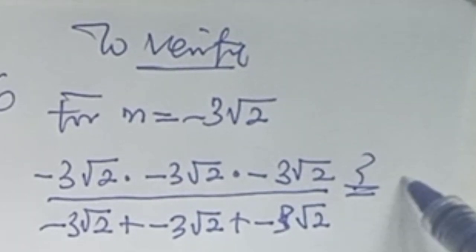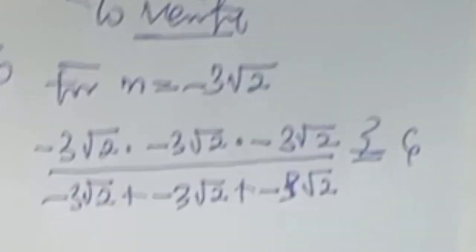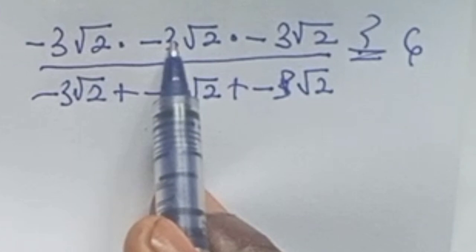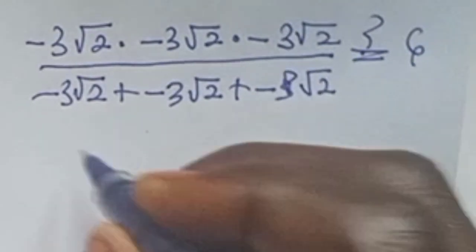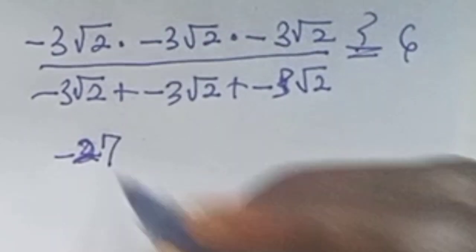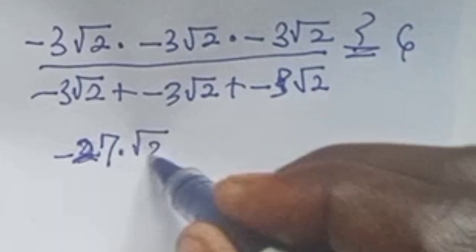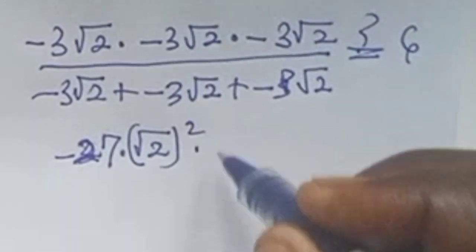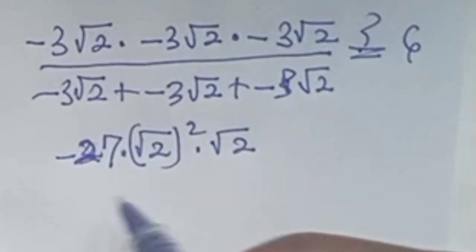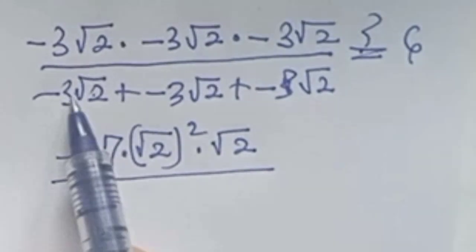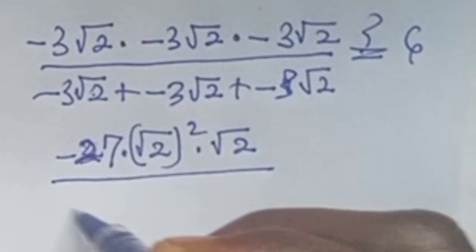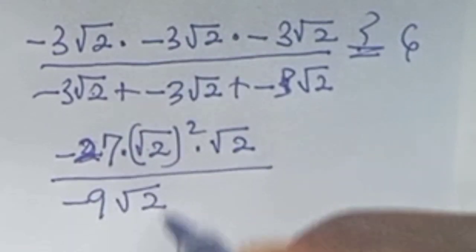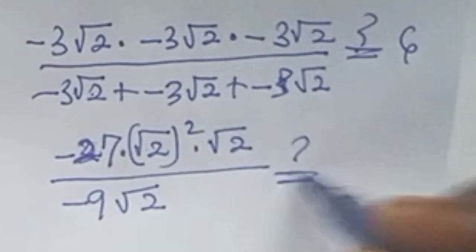We want to show if this will give us 6. Minus 3 times minus 3 times minus 3, that is minus 27 times square root of 2 times square root of 2 over, and the denominator will be equal to minus 9 square root of 2. Can this be equal to 6?